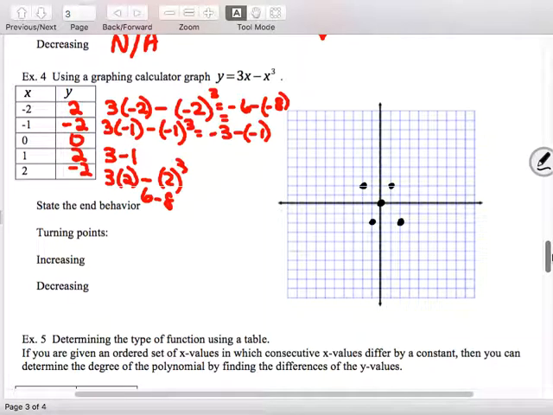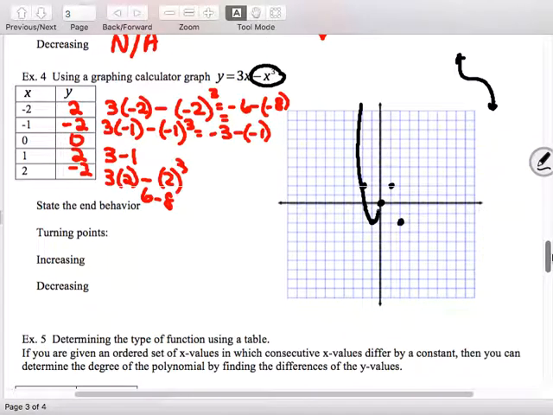Now when you plot these, you might be thinking, whoa, what's going on? This doesn't even look like anything I know. And in fact, you do know. Here's my end behavior, right? I know because it's a negative x to an odd, it looks like this. So that means it's coming up from here.